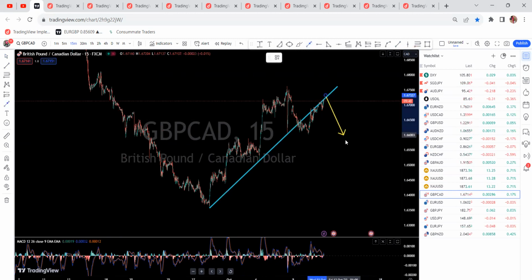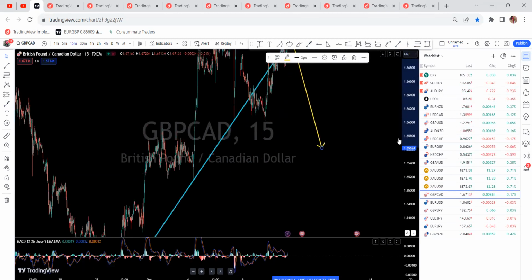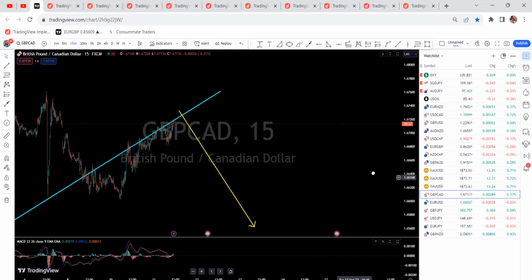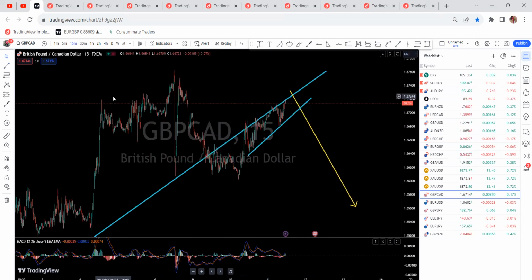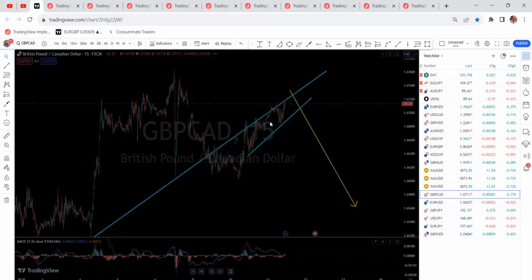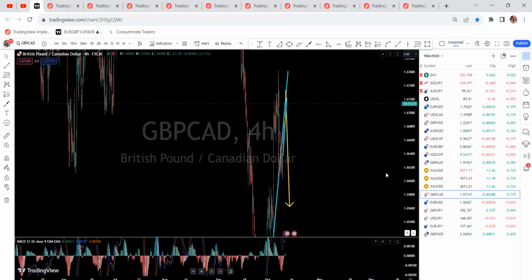So I'll be expecting a down move on GBP CAD. On 15 minutes, something like this will help me to see how far the structure will start going down, so I'm putting my trend line like this. After this up, if it breaks it, then I am good to go on GBP CAD. Let's look at it on 4 hours. Here is the look on 4 hours.